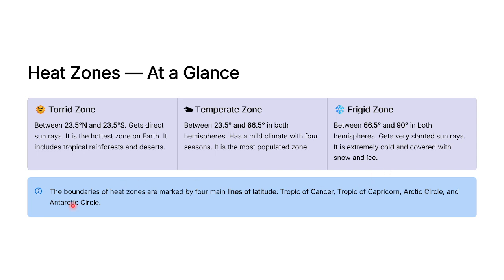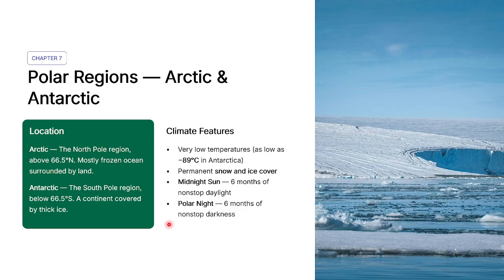The boundaries of heat zones are marked by four lines of latitude: Tropic of Cancer, Tropic of Capricorn, Arctic Circle, and Antarctic Circle.